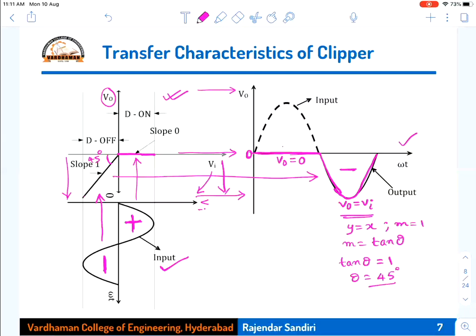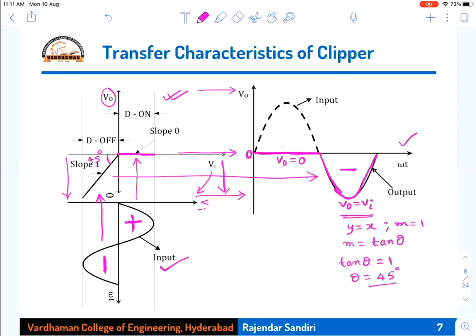Both are negative is which quadrant? Input and output both negative is the third quadrant. So you will get a graph in the third quadrant, and the output waveform and input waveform are the same. That is V0 is equal to Vi, like Y is equal to X with slope equal to 1 and angle equal to 45 degrees. That means it is a straight line passing through the origin with slope equal to 1 and an angle of 45 degrees with the axis.